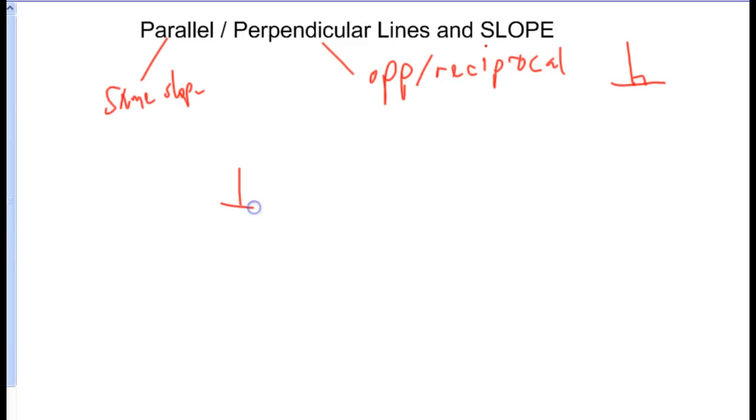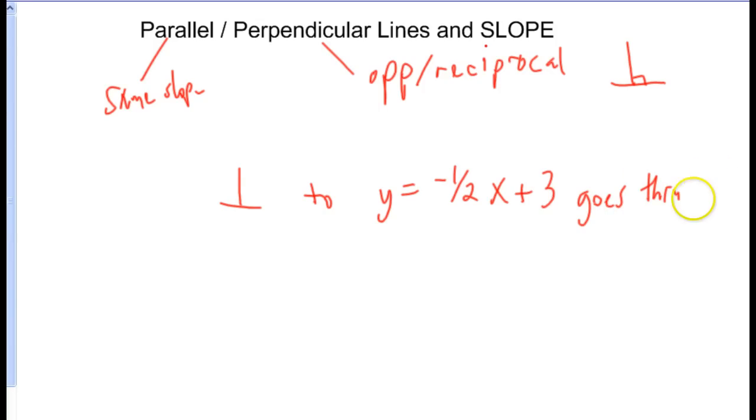So if I want a line that's perpendicular to the line y equals -1/2 x plus 3, and I want it to go through the point, let's say, 3 comma 1.